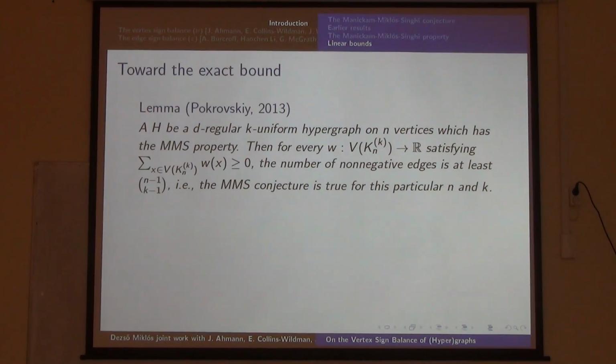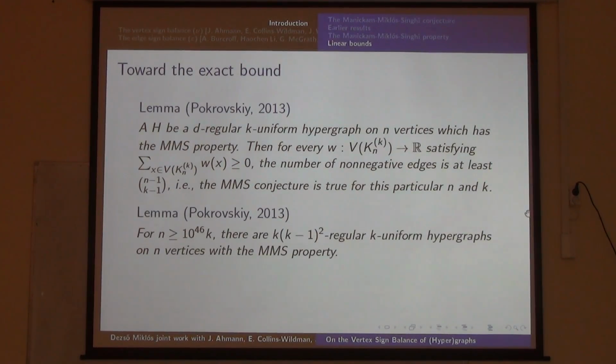And he proved, with a kind of Katona's averaging or circle permutation type of method, that if there is a regular k-uniform hypergraph on any vertex set which has the Manickam-Miklós-Singhi property, then it's also true for the complete k-uniform hypergraph.